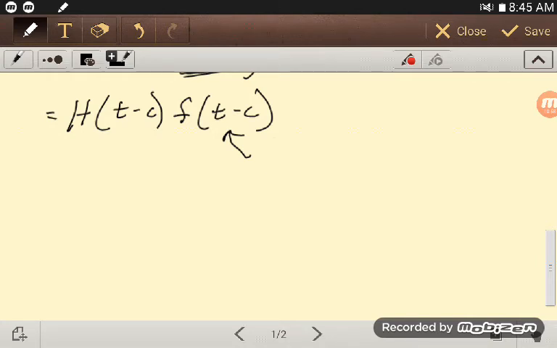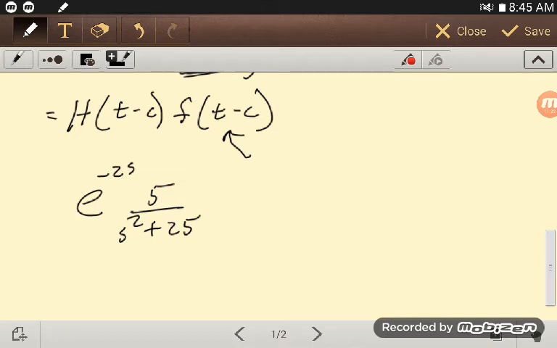Again, another quick example might be, suppose I have e to the minus 2s times 5 over s squared plus 25.